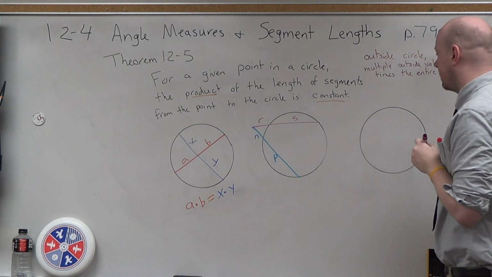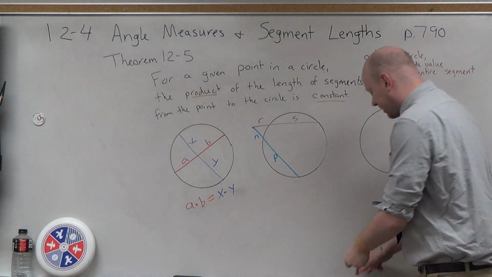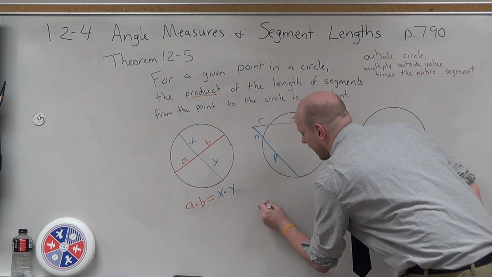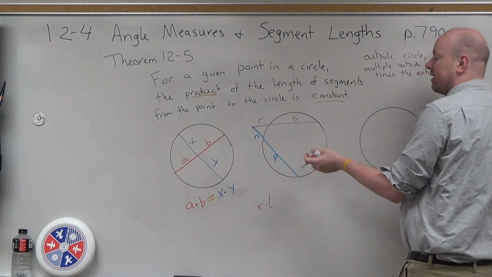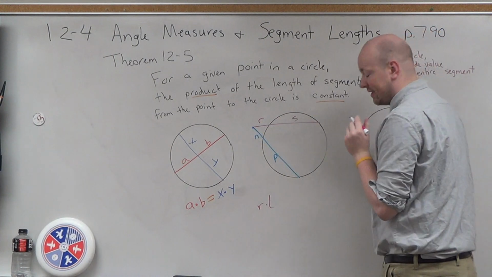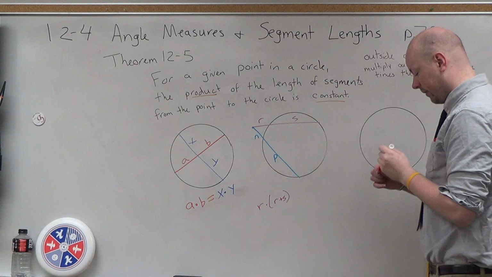So what that means is the entire segment, well, for my pink, my outside value would be R, so I would get R times the entire segment. The entire segment would be R plus S. So R plus S on the inside.